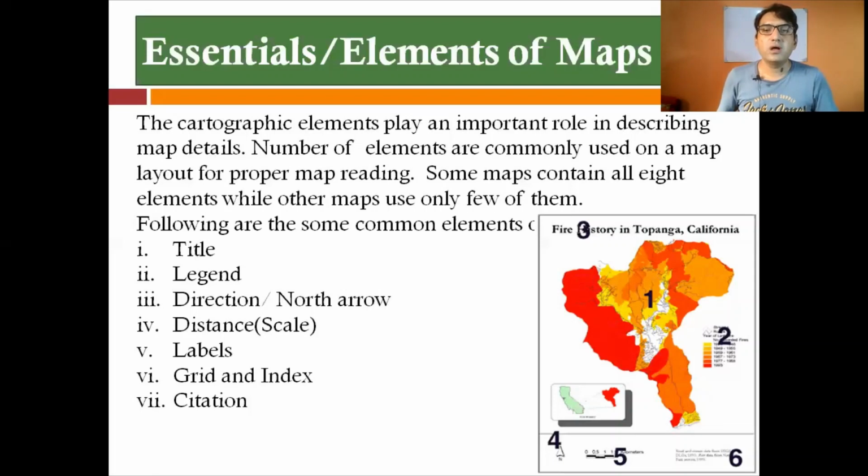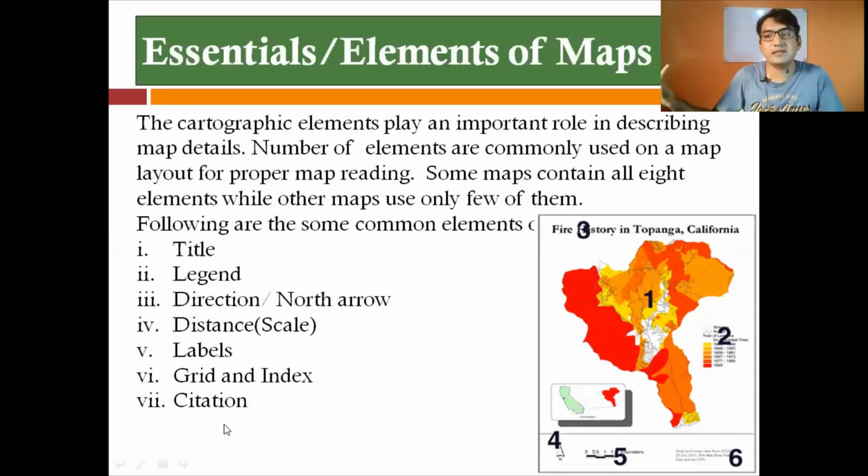There are lots of elements we have numbered here. I will discuss with you the important elements which are key for maps. Following are some of the common elements: title, legend, direction, distance, label, a grid, an index, and citation.